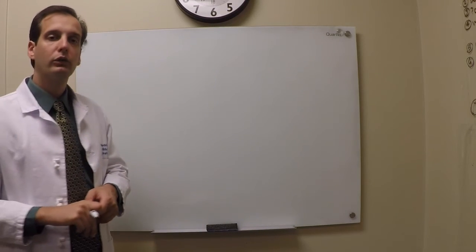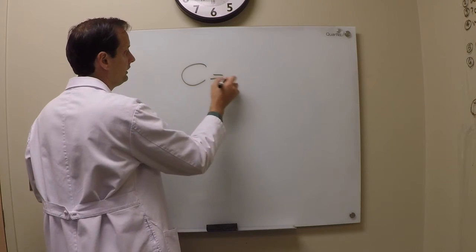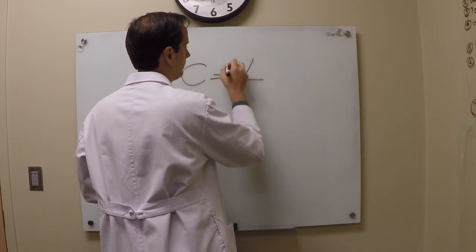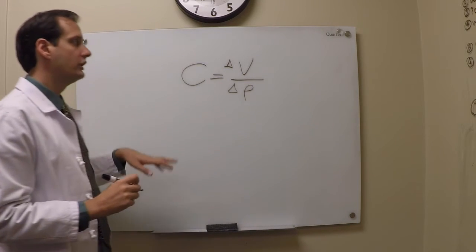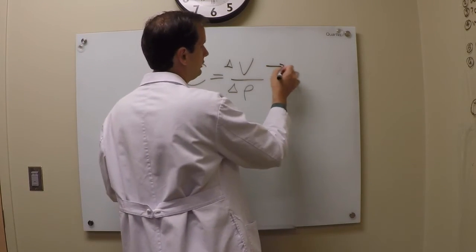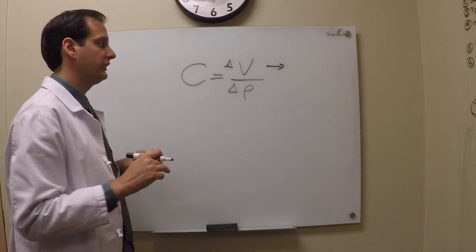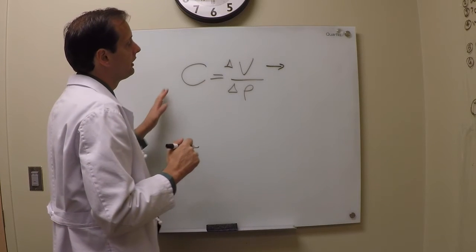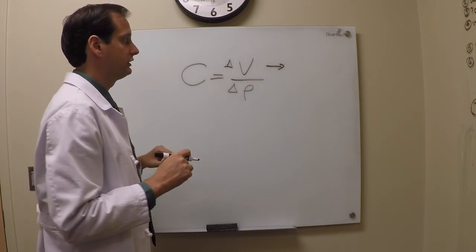And so a quick word about compliance. Remember, compliance is equal to your volume divided by pressure. So for a set volume, 400 cc's, 800 cc's, whatever we select for this example, depending on what the compliance is, I'm going to generate different pressures.